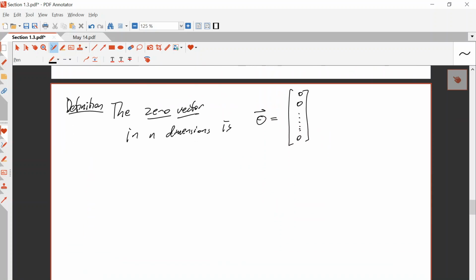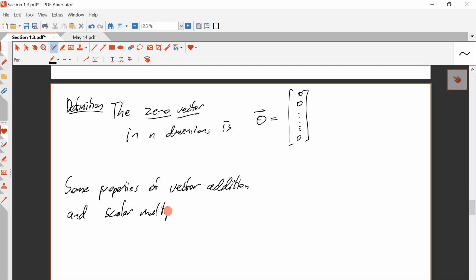Some properties of addition and scalar multiplication of vectors are as follows.